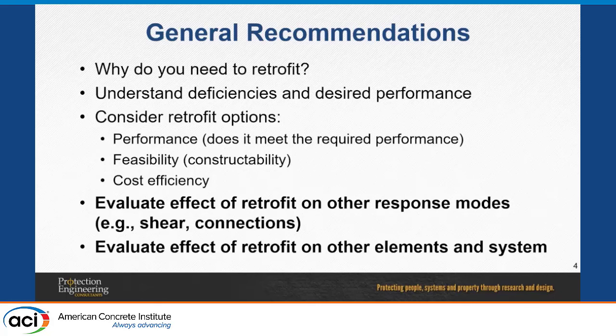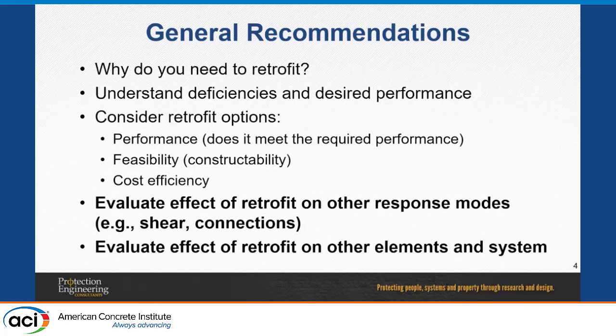Then you consider your retrofit options, and when you are considering all your options, you have to look at performance. Is that retrofit going to get you the performance that you want, again, whether it's flexural or shear? Feasibility also: you may do the analysis and it shows that it meets the criteria, but maybe you cannot build it because it requires access to the interior side of the wall, and the owner has equipment installed on the inside of the wall and they don't want to remove it, or they can't remove it.